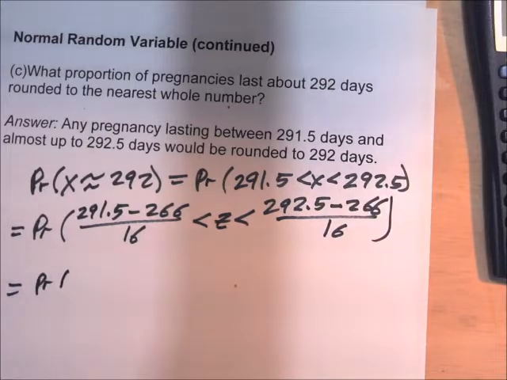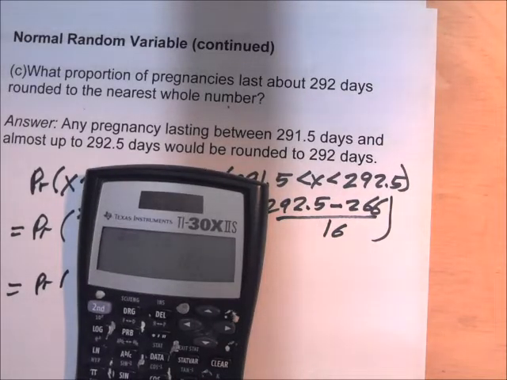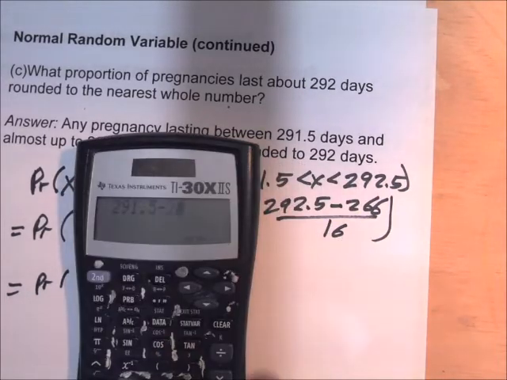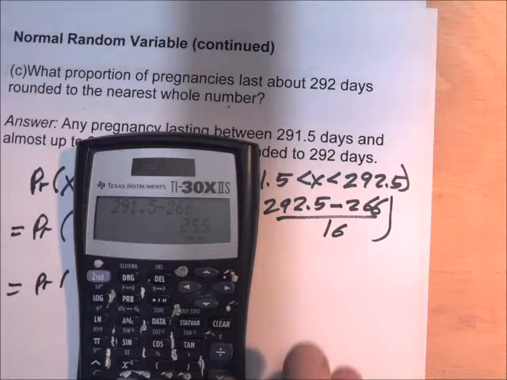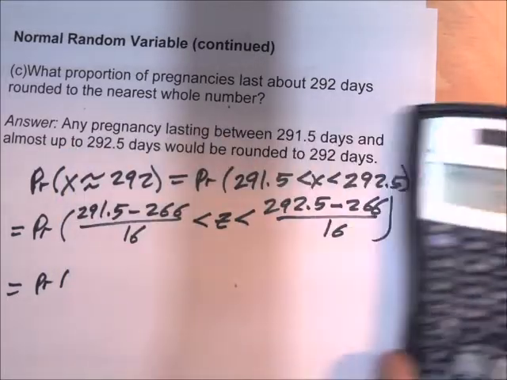And so then we can put this in a calculator. 291.5 minus 266 equals, divided by 16 equals approximately 1.59.